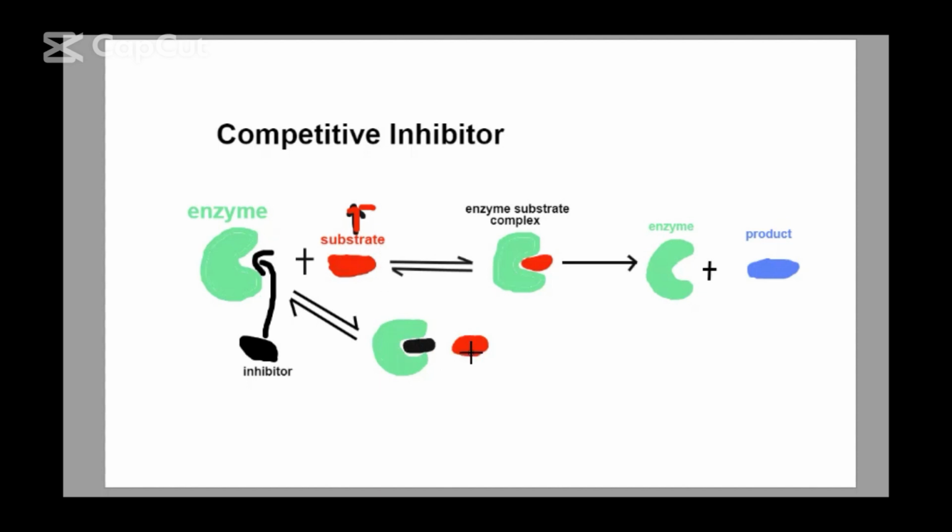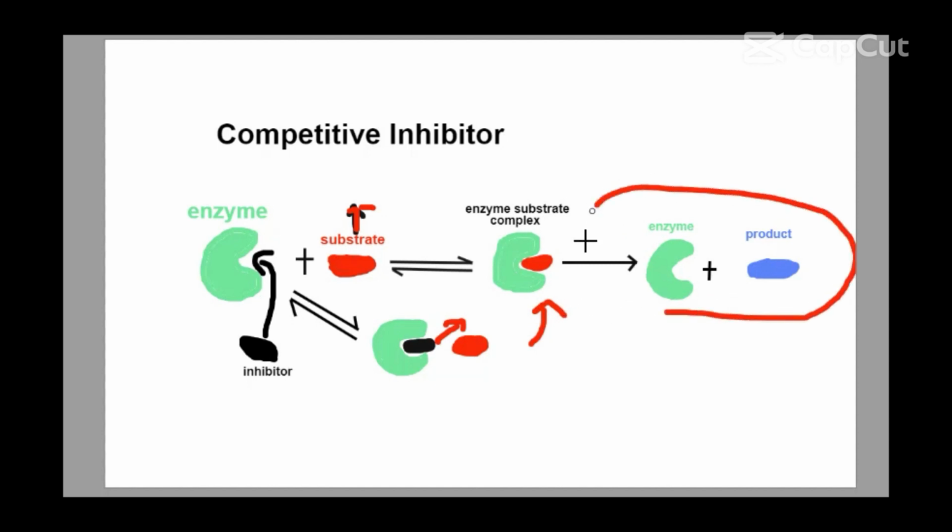This can make the substrate compete and oust the inhibitor from the active site. Then we can form more enzyme-substrate complex, which dissociates into enzyme and product. So that is the competitive inhibitor.